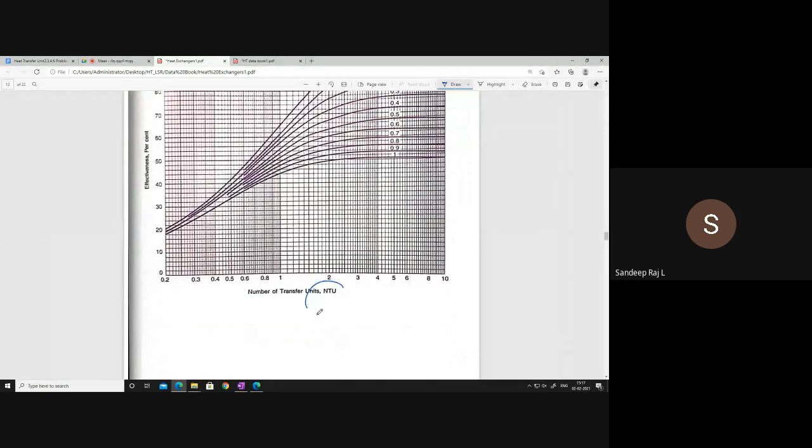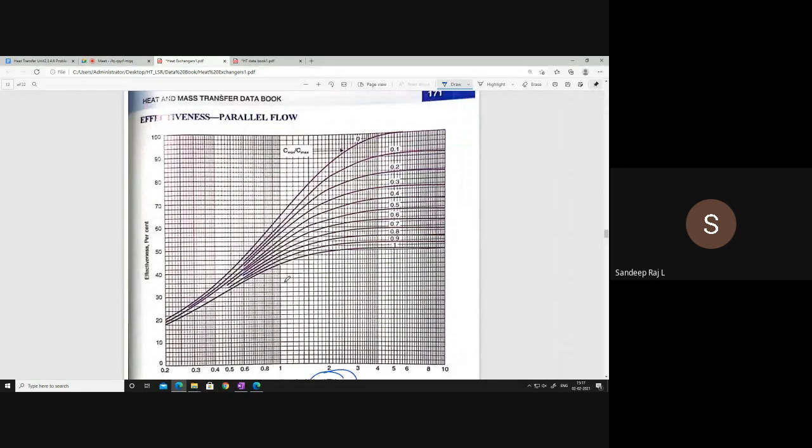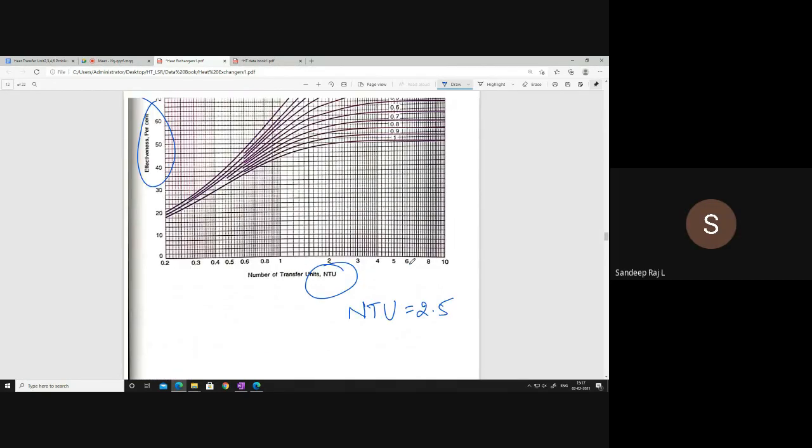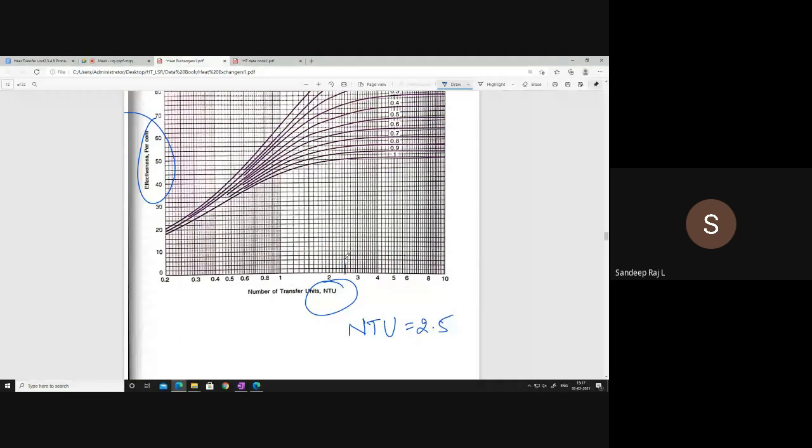You have NTU on the x-axis, and you have the C min by C max value curves here, and the effectiveness value on the y-axis. NTU in the question is 2.49, round it to 2.5. Okay, NTU is 2.5, so this is the line.